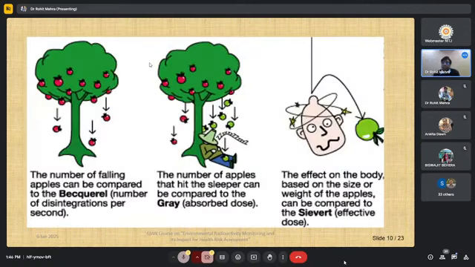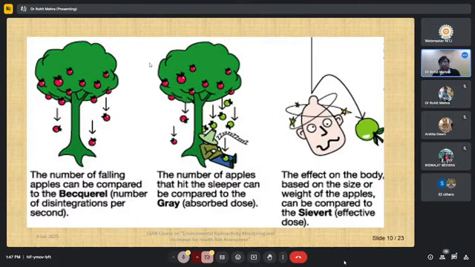Now, this is a very basic figure which was prepared by one of my students, Dr. Sarabjot. We generally prefer these types of figures to make you understand, even though you are not from a particular radiation field, why we use the different units.